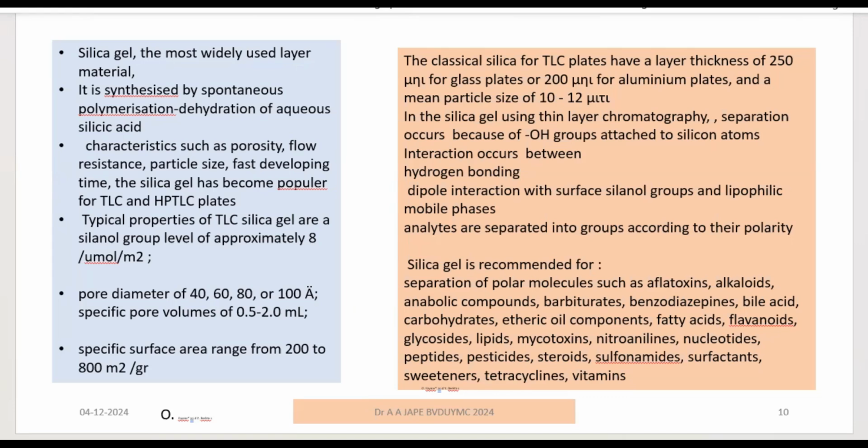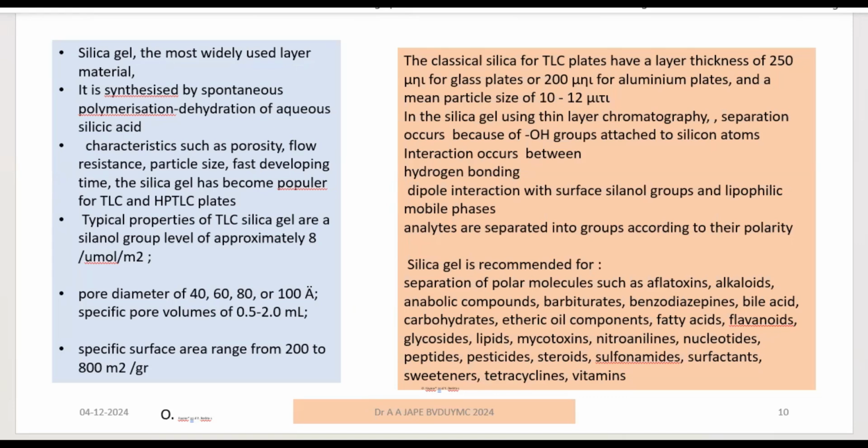as for HPTLC plates, important is the porosity, because the silica gel characteristics are going to decide factors like porosity. The porosity of the plate will decide the flow or the resistance to the particles which are going to move.